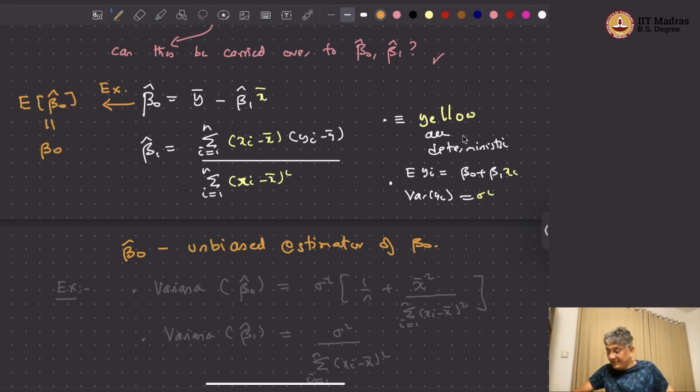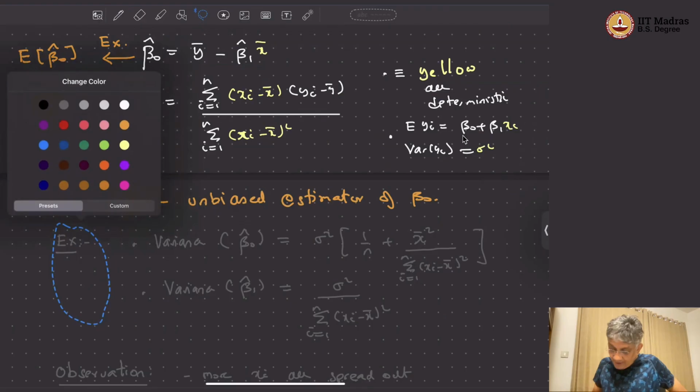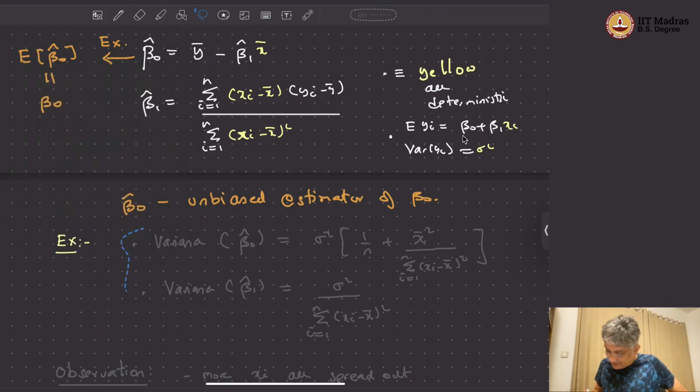Now again, if I do the variance, this is all deterministic, guys. But of course, beta 1 hat depends on the y, so you compute the variance of beta 1 hat. But the variance of y bar is sigma squared by n. This is a simple exercise that I'll let you do. I encourage you to do this two-step calculation: check what the variance of beta naught hat is and what the variance of beta 1 hat is.